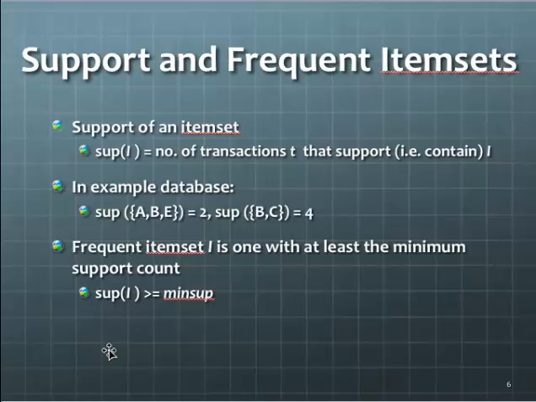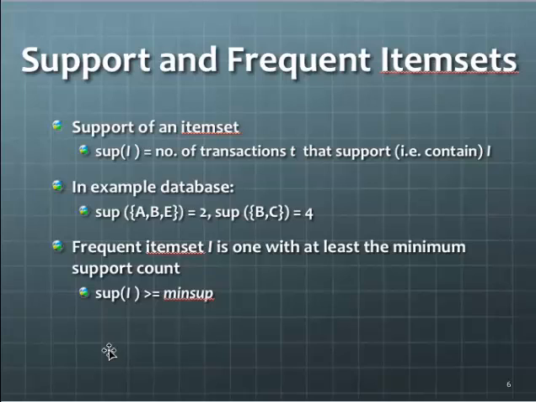The support count of an item set is connected to a very important concept in association analysis, which is called the frequent item set. The definition of the frequent item set is that a frequent item set I is one with at least the minimum support count.